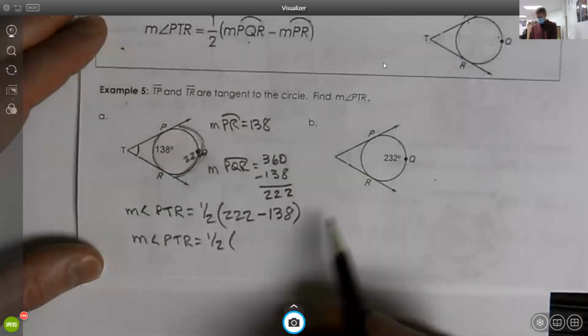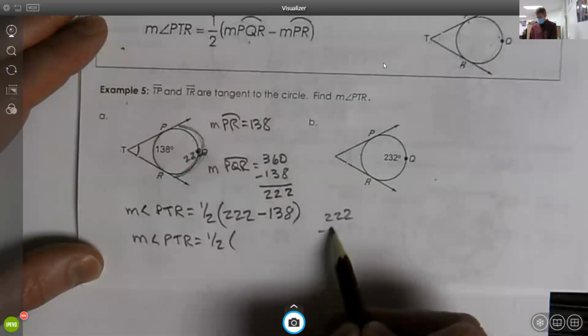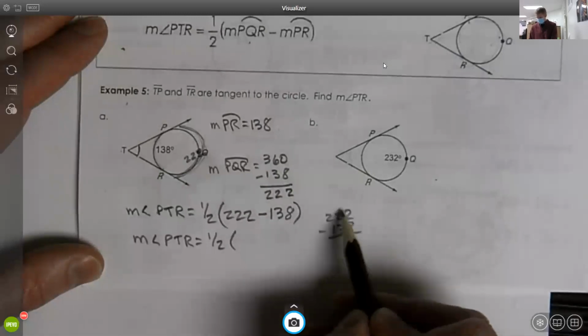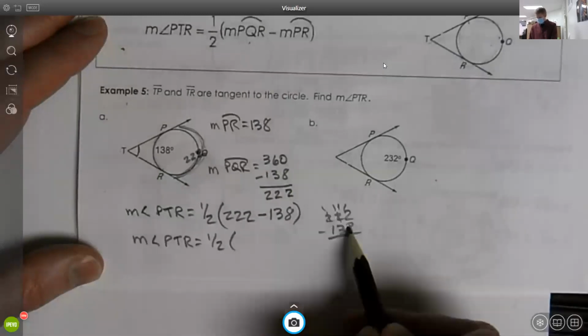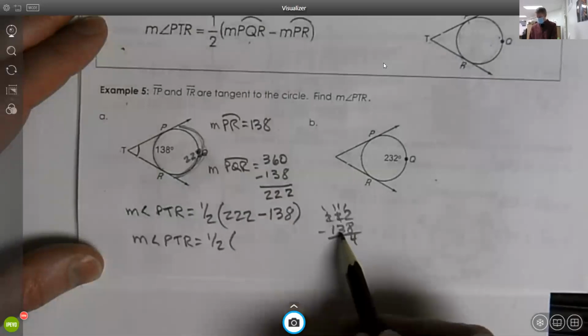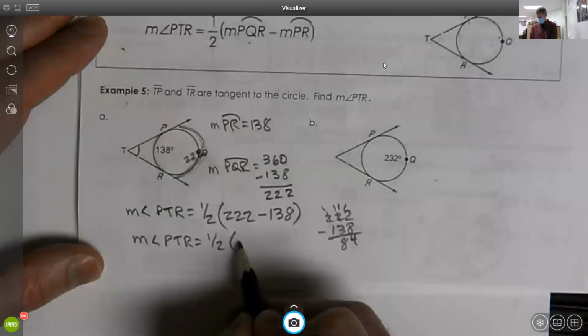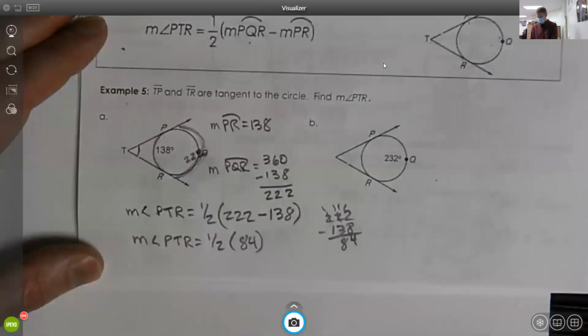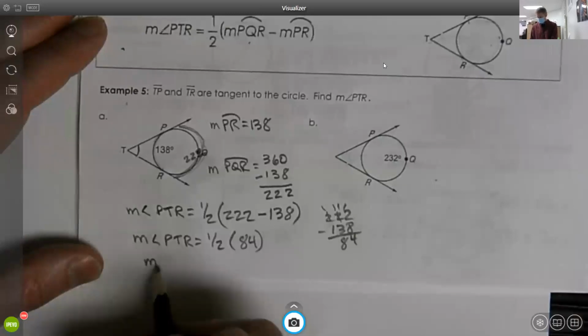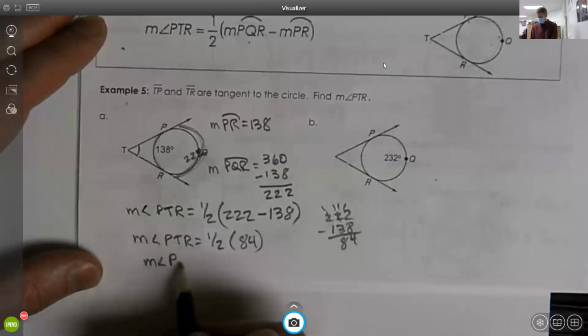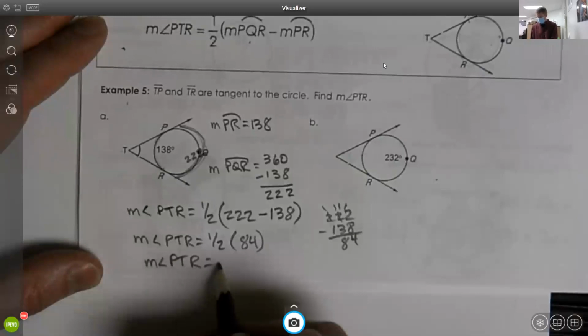So 222 minus 138, we get 84, half of 84. So the measurement of this angle T is going to be 42 degrees.